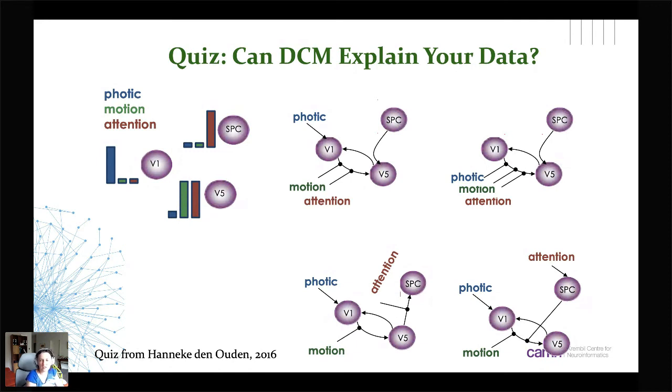Upper left, upper right, lower left, or lower right? Okay. Create poll. Yeah, so please answer that when you have a chance before you see the explanation come up. Okay.